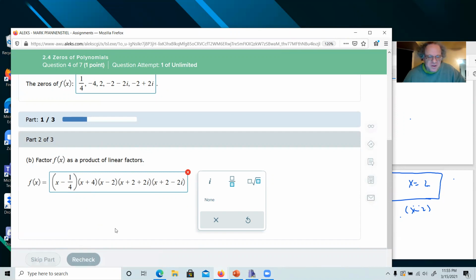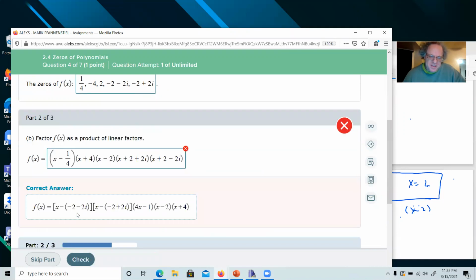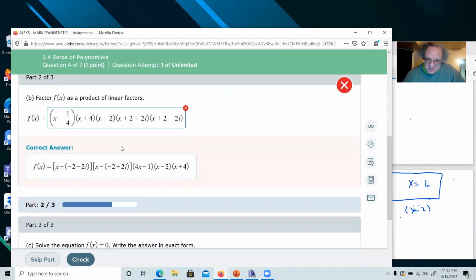I'm gonna say, you know what? Because I'll bet. All right. Oh, it did like the 4x minus 1. It was okay with the x minus 2. It was okay with the x plus 4. But it really wanted me to leave them in these parentheses like this. Okay, so if you multiply these out, we did bad. Okay, they wanted us to leave them inside. So be it.